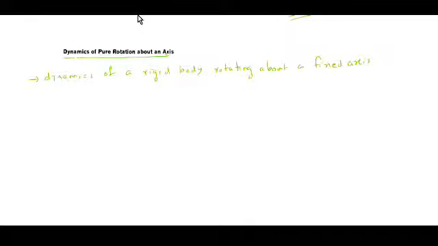Actually, the rotation is pure rotation. Pure rotation means here no translation, no translational motion. Suppose I consider a ring or a disc, then this ring rotates about this axis. There is no translation, pure rotation, only rotation.